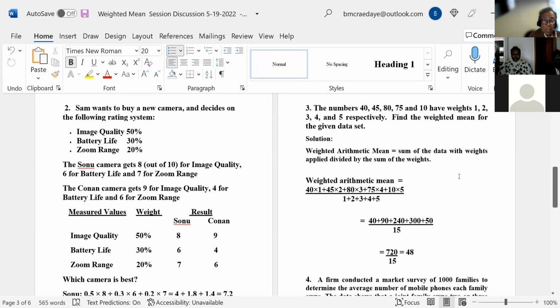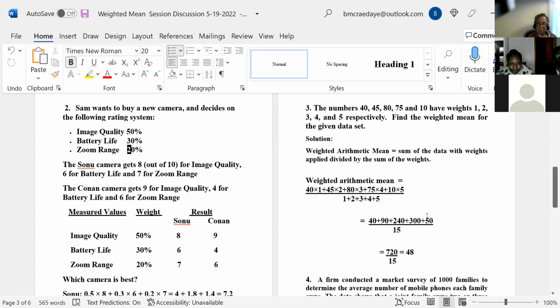So this is one where you don't convert the weights to decimal, they're just given as numbers. You got it? Yeah, the weight is given as numbers, so you just take each number and multiply it by its weight. Is that clear? Yeah. Okay. This one is very straightforward, and it's just showing that your weights are not always percents.